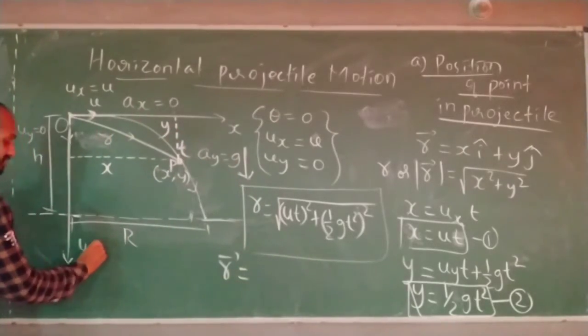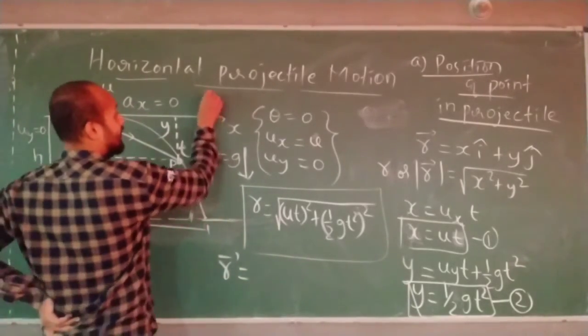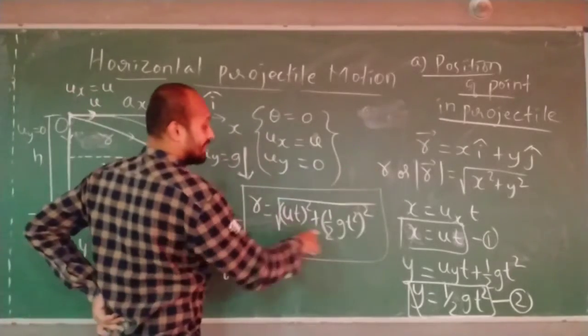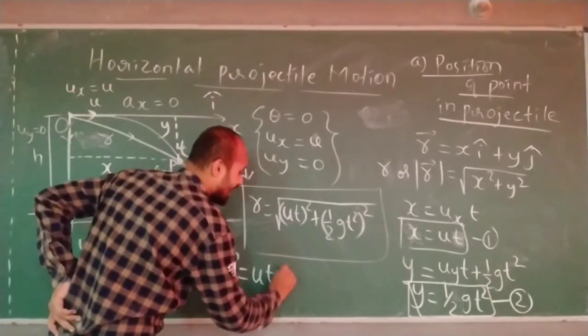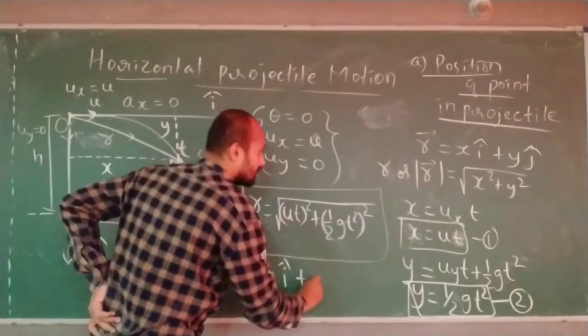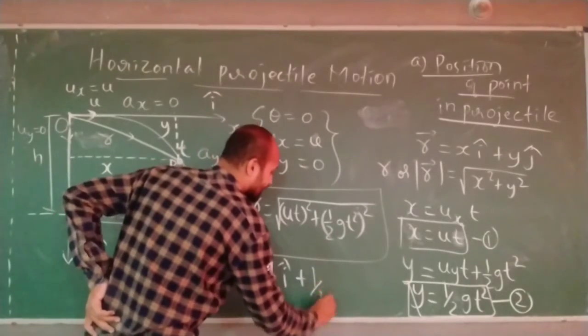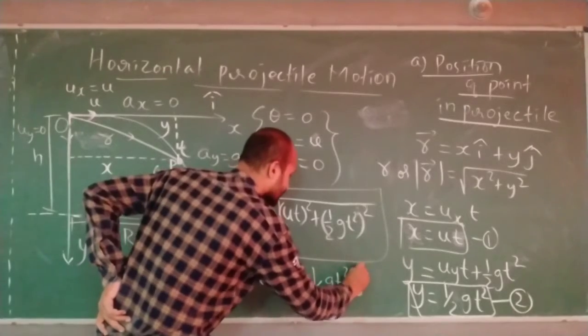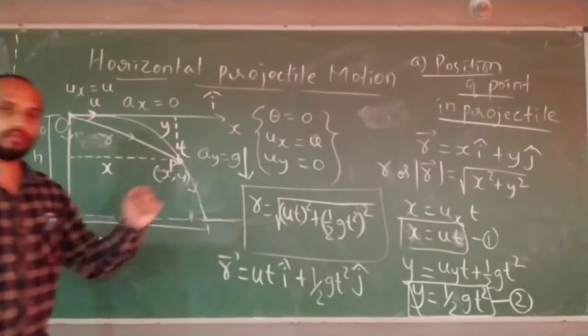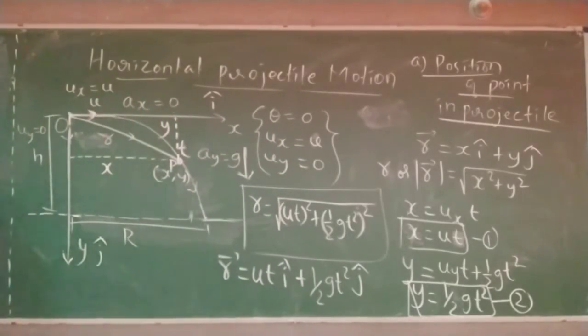This direction is the j cap, and this direction I have taken as i cap. Position vector is ut i cap plus half g t square j cap. This is the position vector.